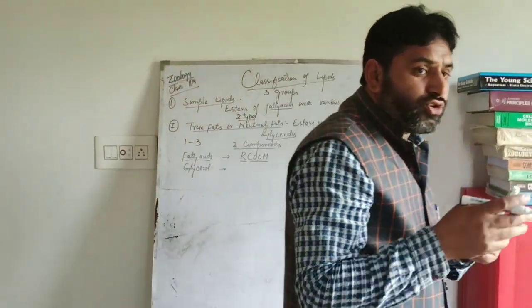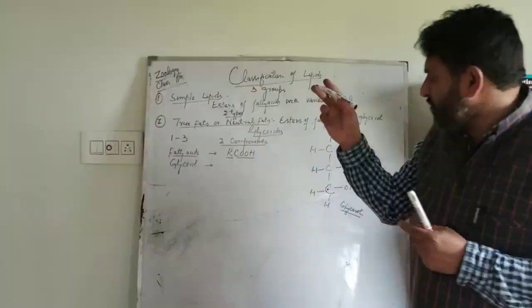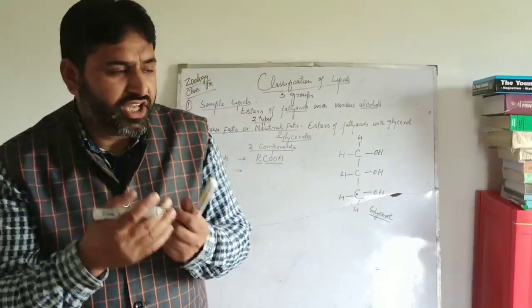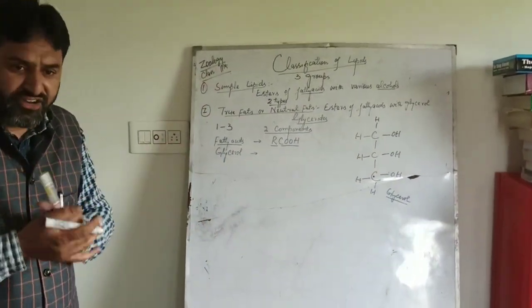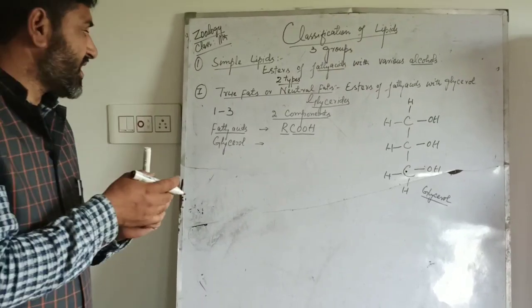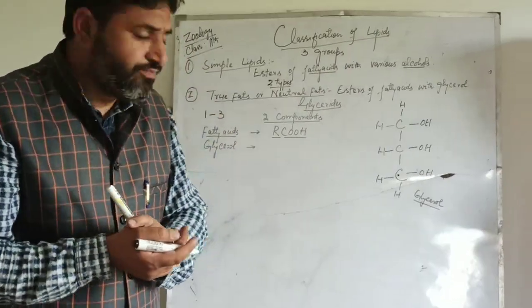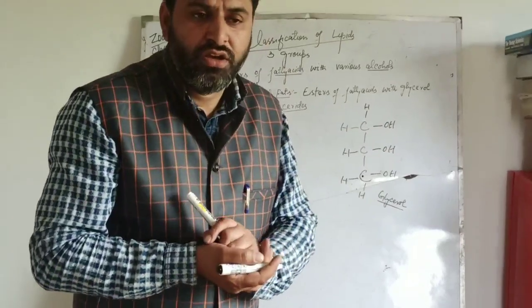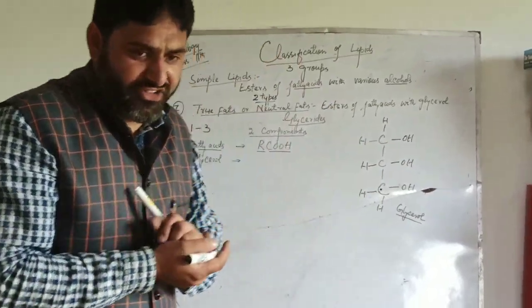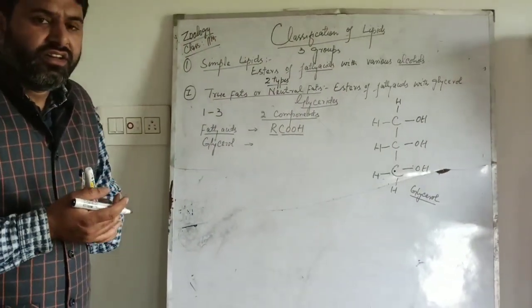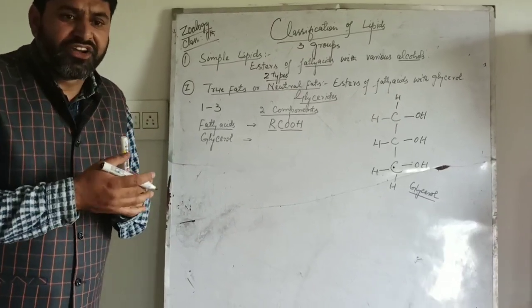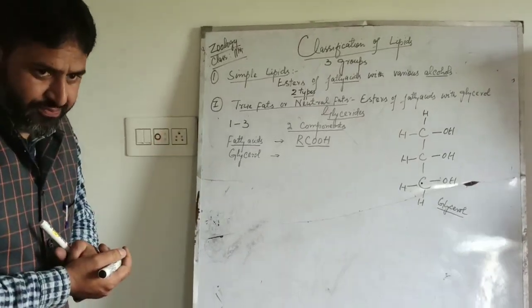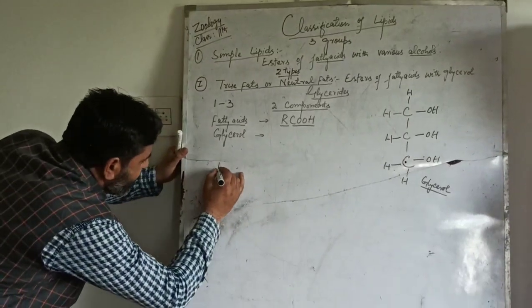If there are 2 fatty acids and 1 glycerol, they are diglycerides. If they contain 3 fatty acids and 1 glycerol, they are triglycerides. Generally, animal fat is mainly triglyceride, that means 3 fatty acids.